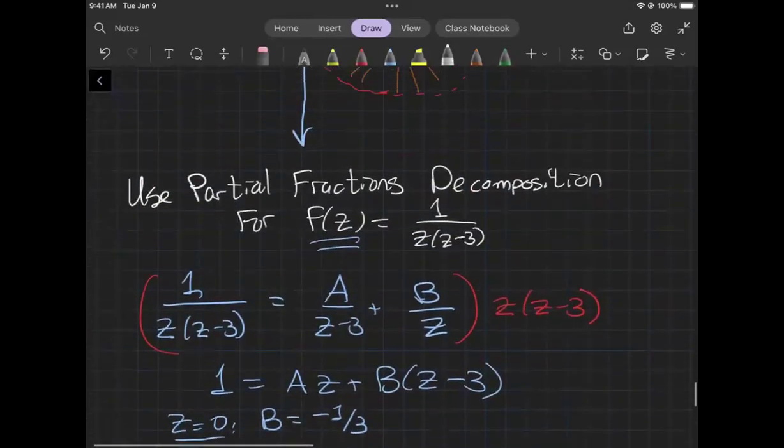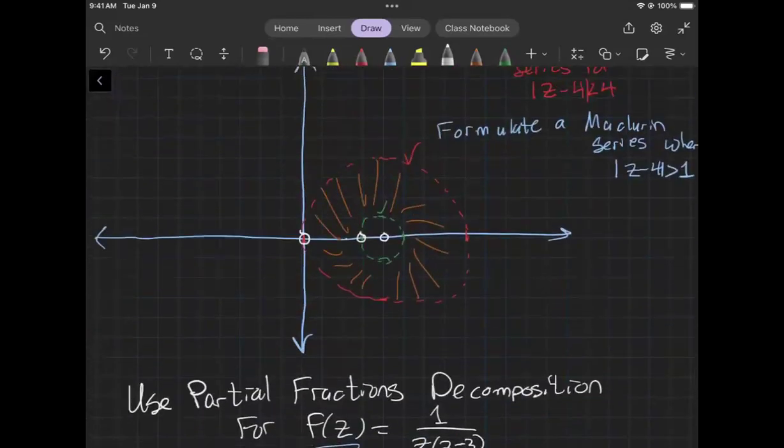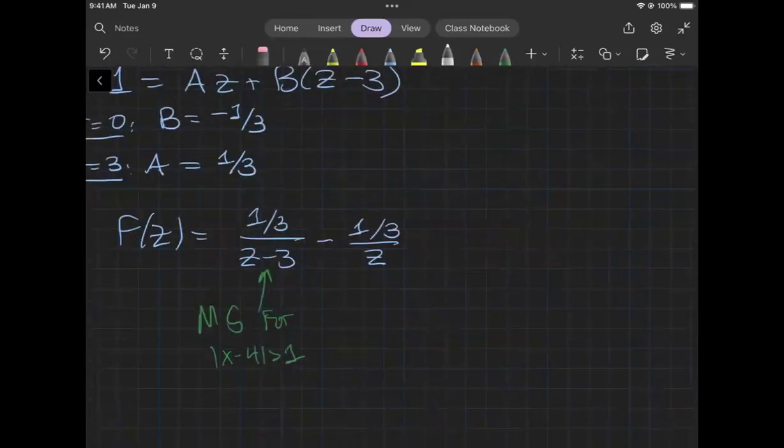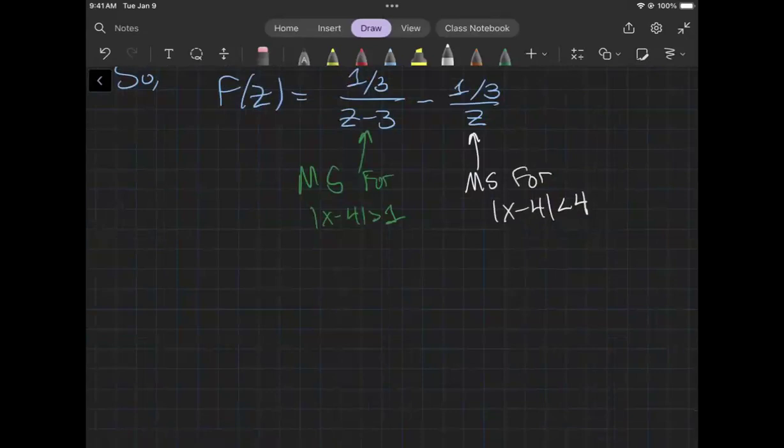On the other hand, the function is analytic except at z equals 0, and z equals 0 is on the boundary of the big circle. And so this will deal with the Maclaurin series for the absolute value of z minus 4 being less than 4.